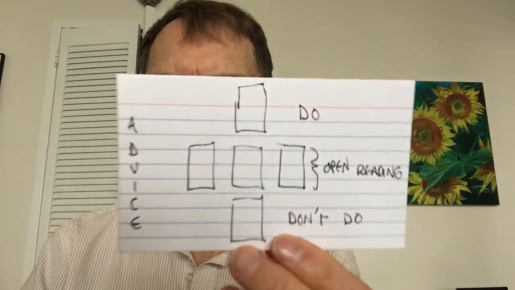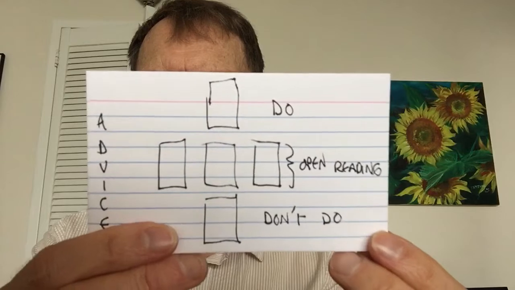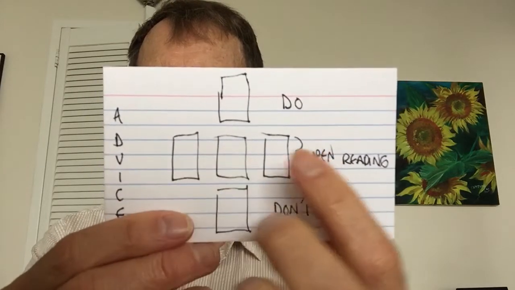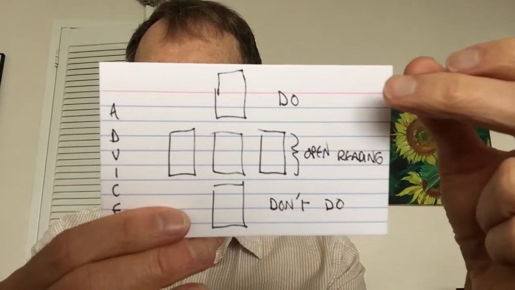So the next spread, all I do is switch out the top card and the bottom card. And for me, this is a general advice spread. So again, it's an open reading in the middle, no positions, a little story to be told. This is the basic, most important part of the spread. But then we get some overall advice.